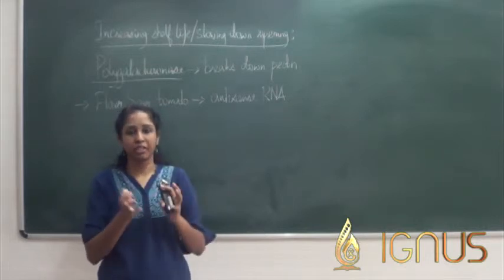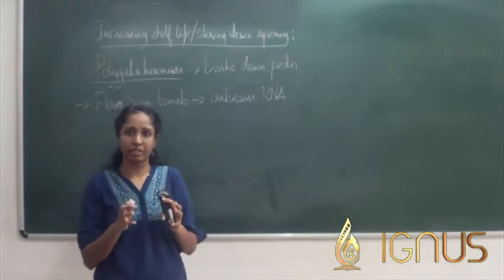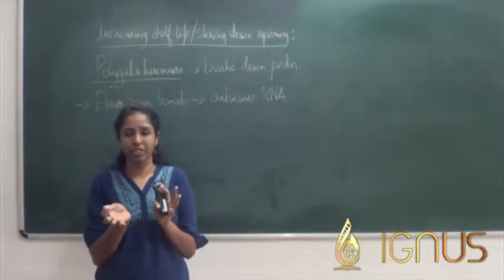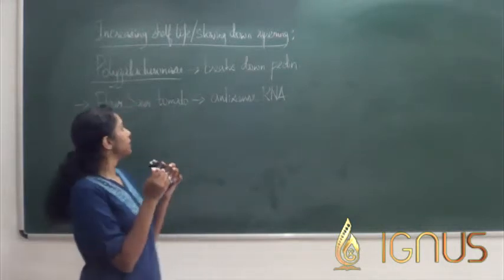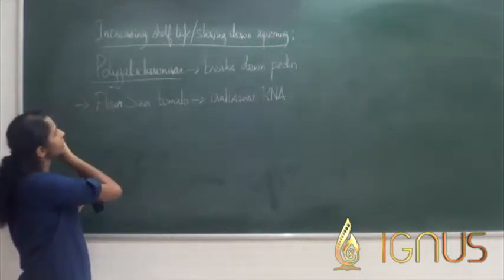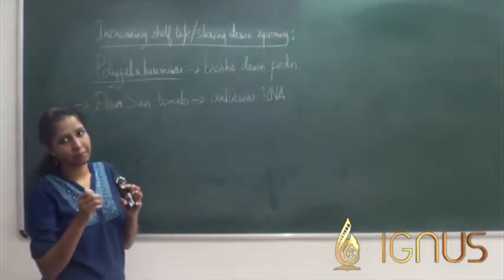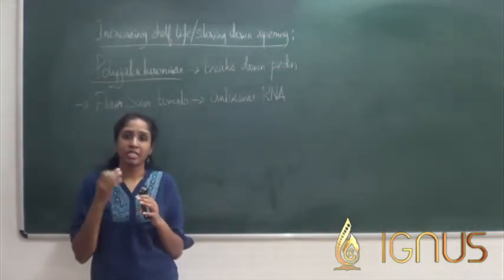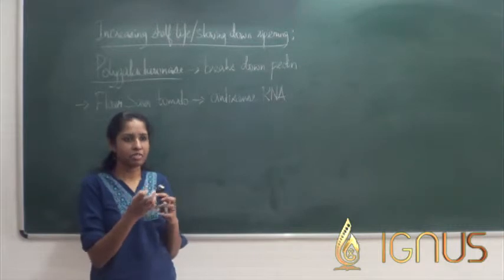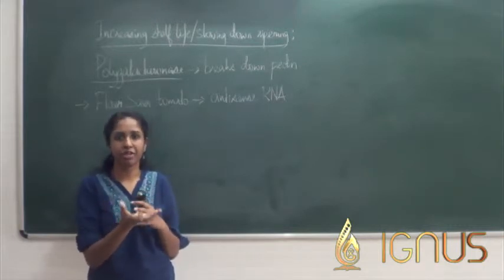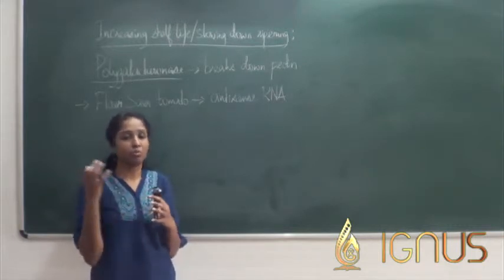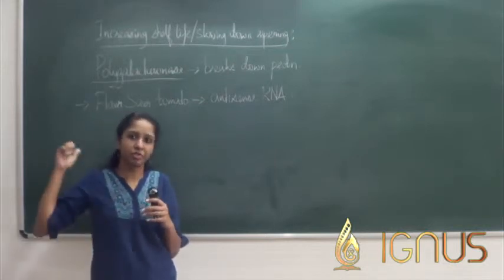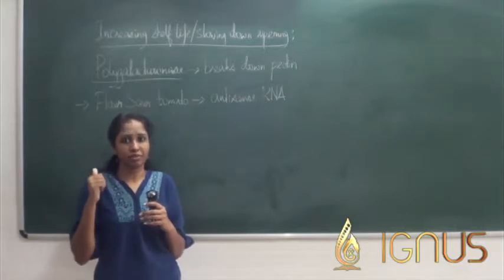So things like tomatoes or fruits, when polygalacturonase is active in them, the outermost covering becomes more susceptible, and therefore it becomes a very good environment for the growth of bacteria, or mostly fungi, which grow on them, which we do not want because we want to increase the shelf life of the product.